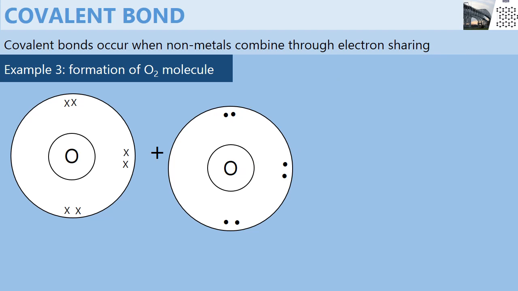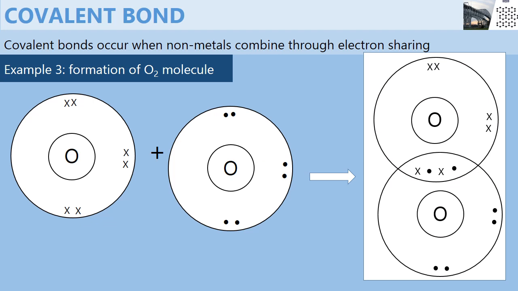In this case, oxygen requires 2 electrons to obtain a stable octet configuration. Now, each oxygen atom donates 2 electrons for sharing, and they form 2 covalent bonds between them, and we draw them like this.